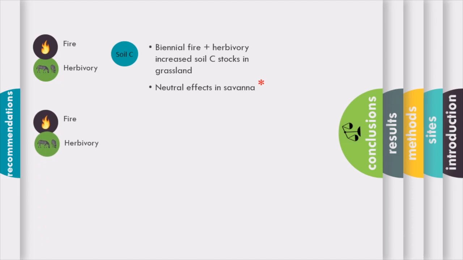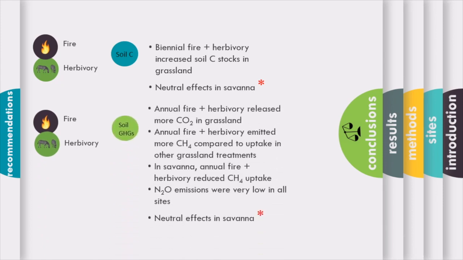In general, we found neutral effects in the savanna for either soil organic carbon or soil greenhouse gases. And we think that this lack of differences may be attributed to the fact that our savannas, as well as grasslands in general, have co-evolved with fire and herbivory. And as such, any changes that happen above ground, either burning off of vegetation or grazing of vegetation, compaction of soil, deposition of urine and dung, all those above ground changes take time to become changes in the soil.